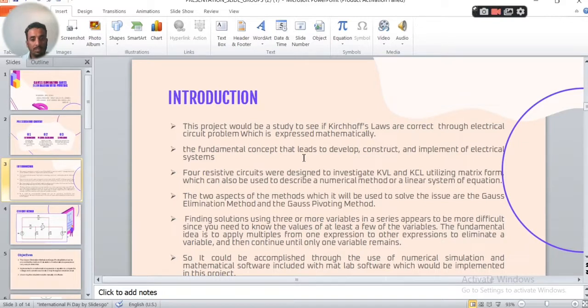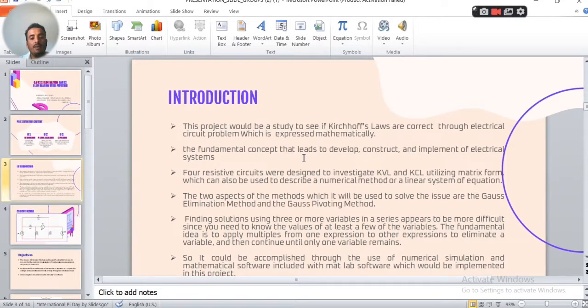The fundamental concept that leads to the development and implementation of the electrical circuit for resistive circuits was designed to investigate KVL and KCL utilization, where matrices can be used to describe a numerical method for linear systems of equations.